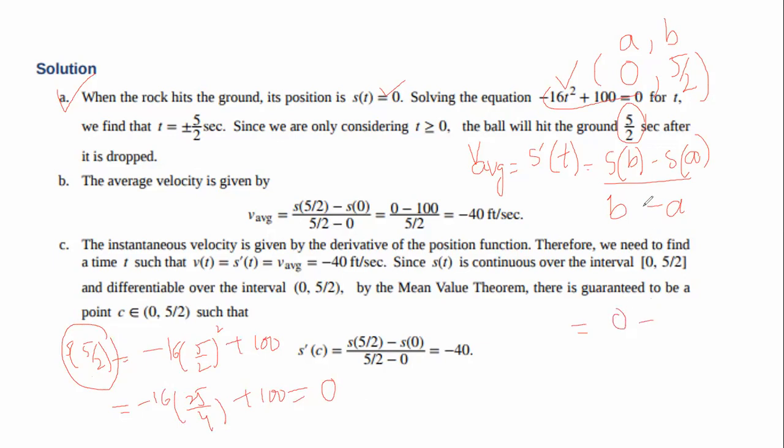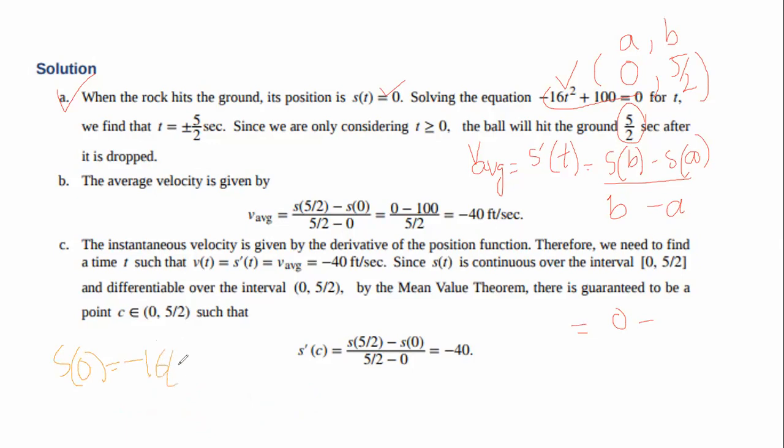Now I have to find the function value at 0. So s of 0 will be putting the value t equals 0 in my function. So s of 0 will be negative 16 times 0 plus 100, so s of 0 will be 100.